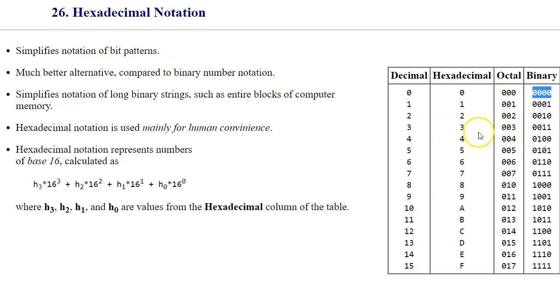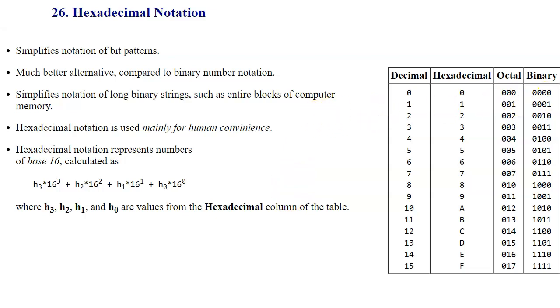In the range from 0 to 9, the hexadecimal numbers are exactly the same as decimal. However, hexadecimal notation adds additional digits, which are A, B, C, D, E, and F, where F represents 15 and A represents 10. Together with 0 we have 16 values, which can be encoded by a single hexadecimal digit. This helps us to encode bit patterns.